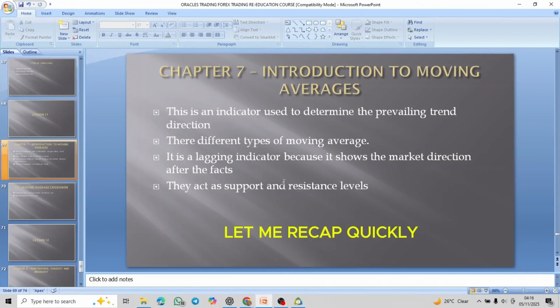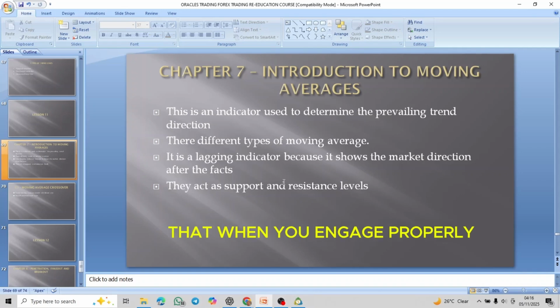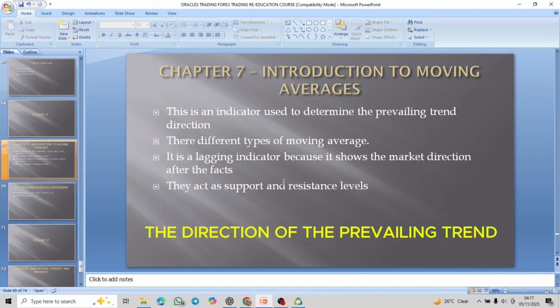Let me recap quickly again. Moving averages are very powerful indicators that, when you engage them properly, you make profit from. Moving averages can help you to determine the direction of the prevailing trend.